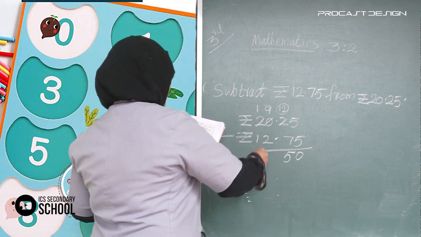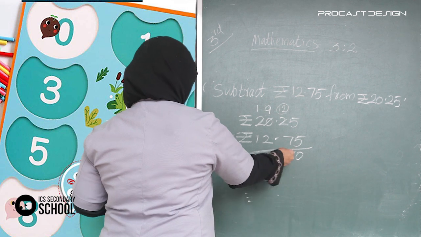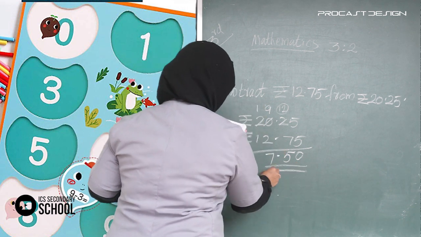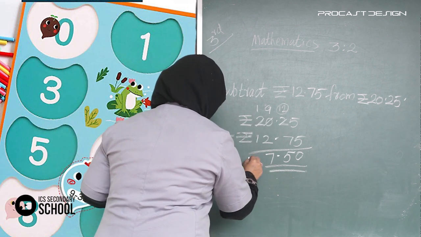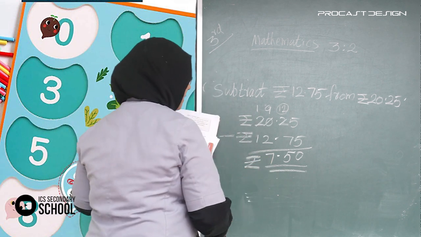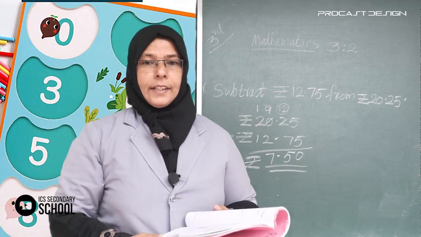Next, 9 minus 2 equals 7, and 1 minus 1 equals 0. So the answer is Rs 7.50. All of you write it in your notebook.